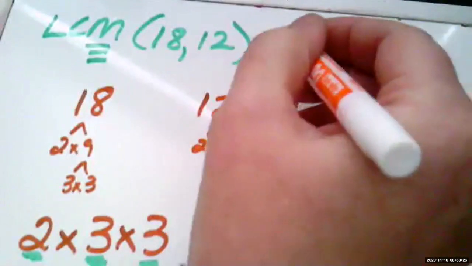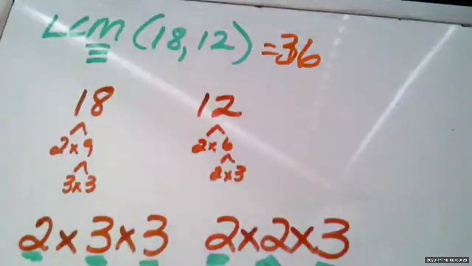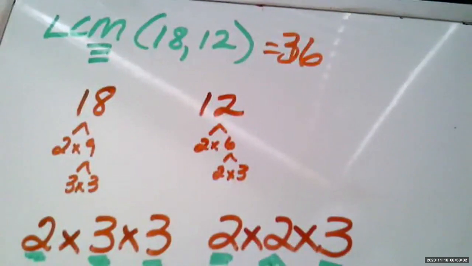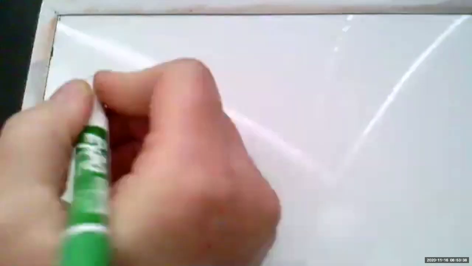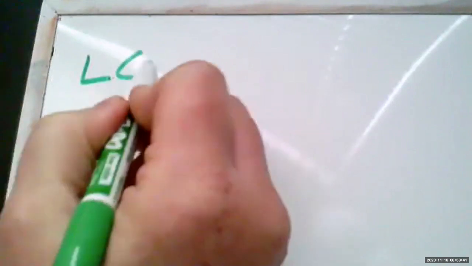Now we're going to do this a bunch today because there's a lot to it, and I want to make sure that we understand it. That was just the first run. Let's do a couple more. Least common multiple of 30 and 25.